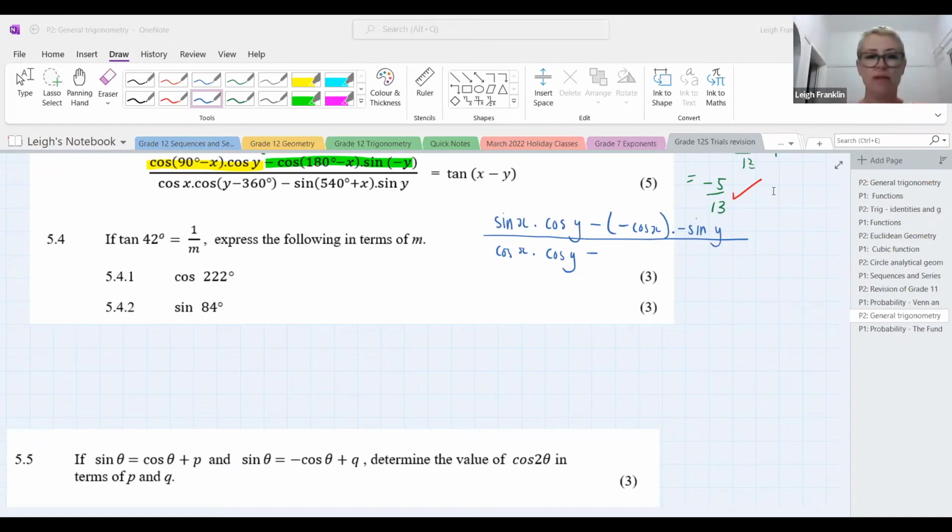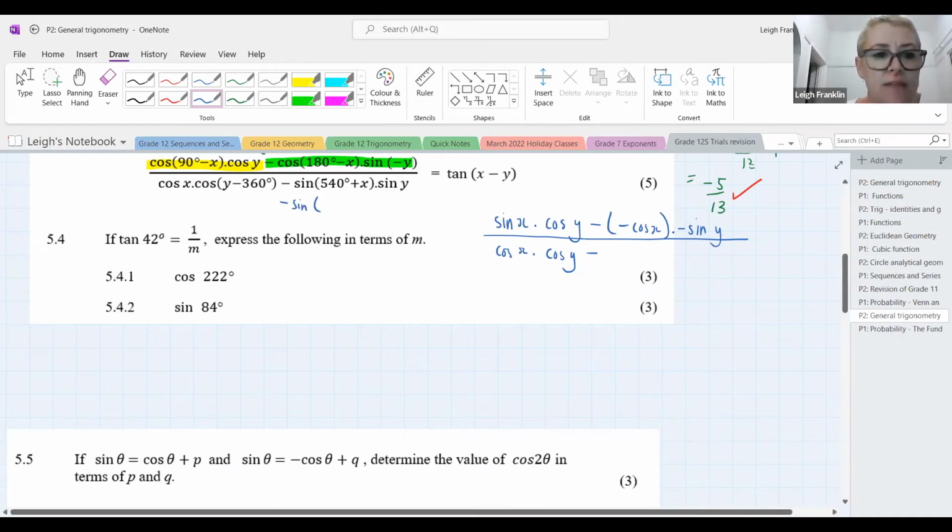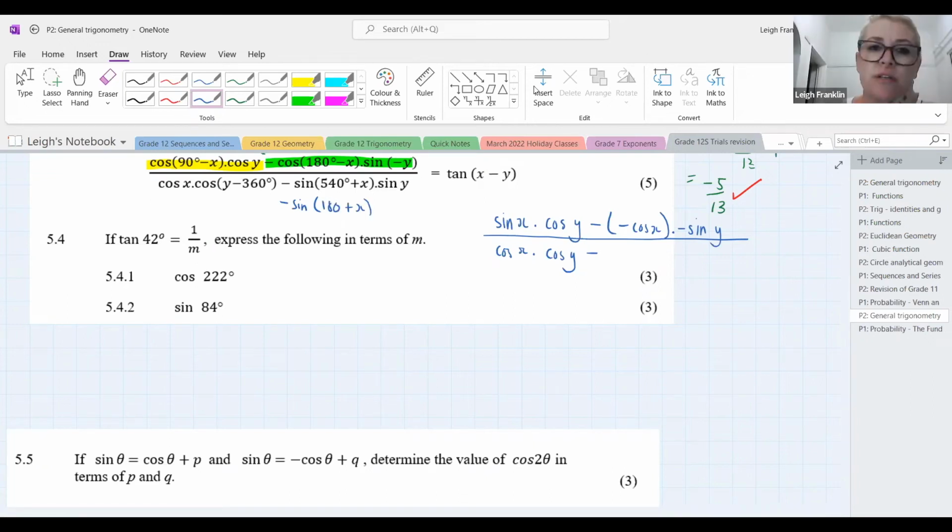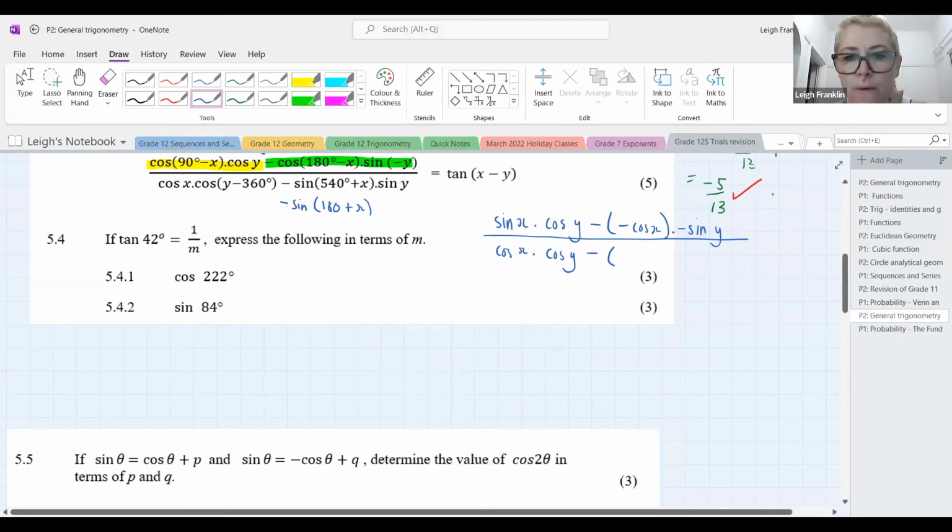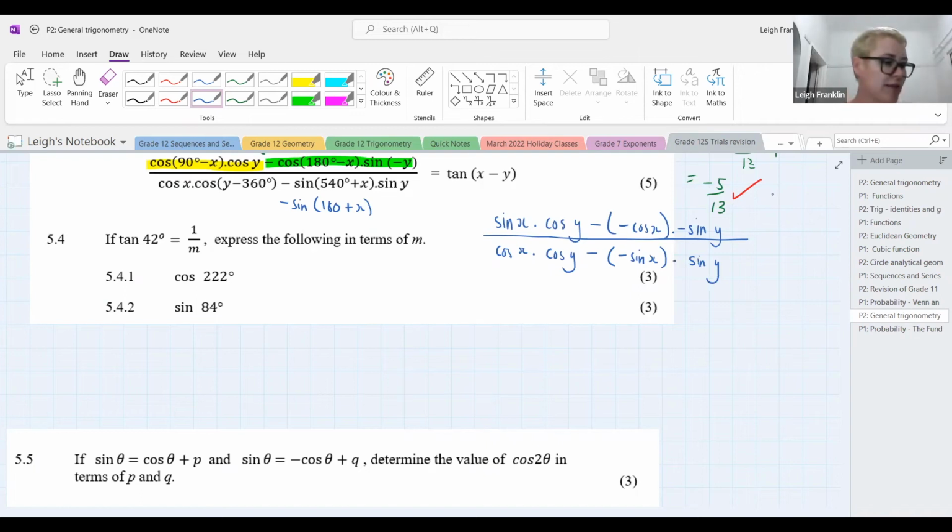If we minus 360, then we would end up with minus sine, and then this would end up being 180 plus x, wouldn't it? Which would put us into quadrant 3. So that would reduce to negative sine x, and then that has to be multiplied by sine y. So that's how we would apply our reduction formulae.